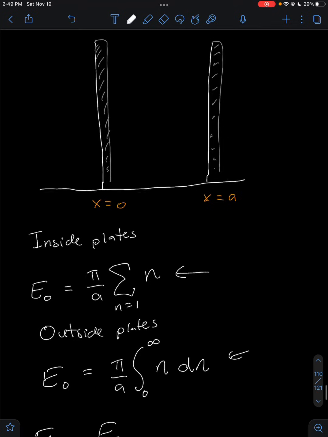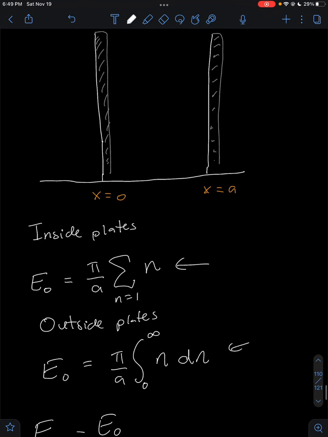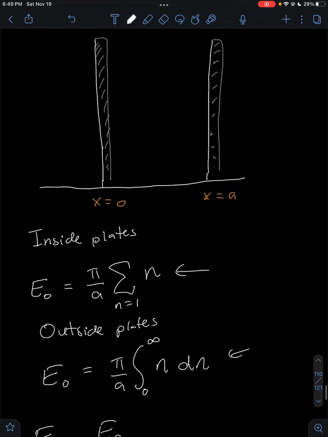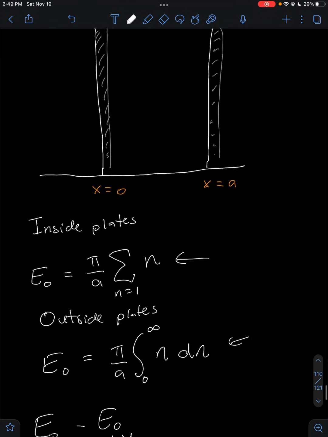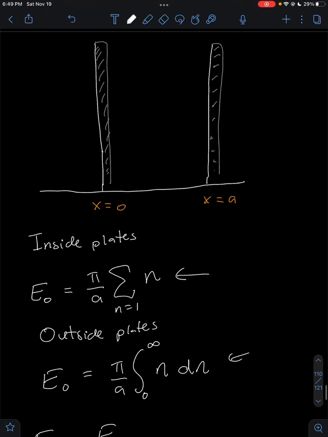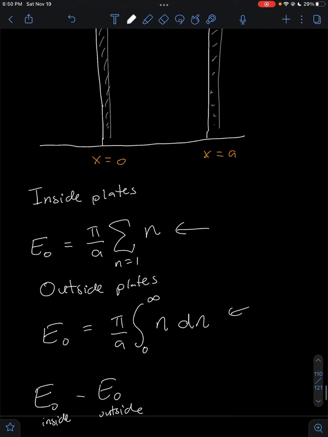Well, it won't make sense now since these are both divergent, right? But once we regularize this thing, which will make sense later, we can take the difference between these two energies, and there's actually going to be a non-zero difference between the 0 point energies, which will cause there to be an attraction between the plates.